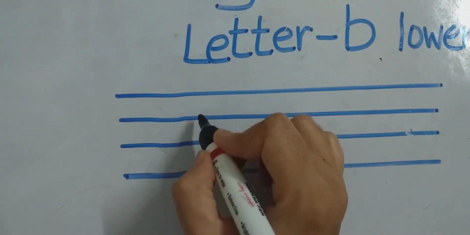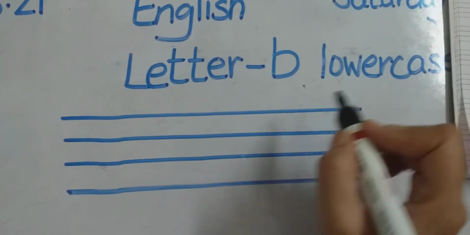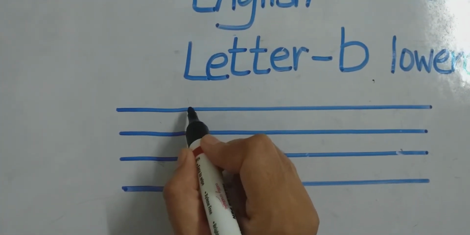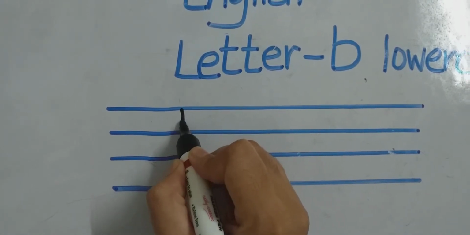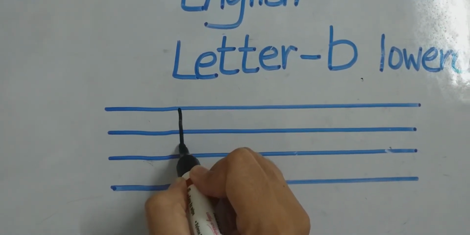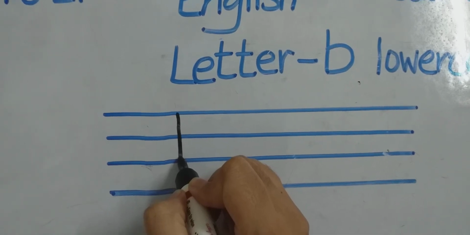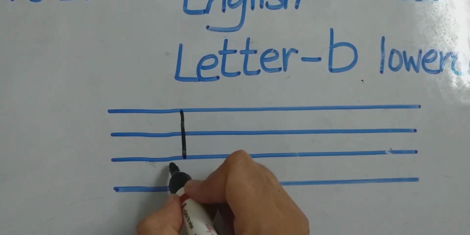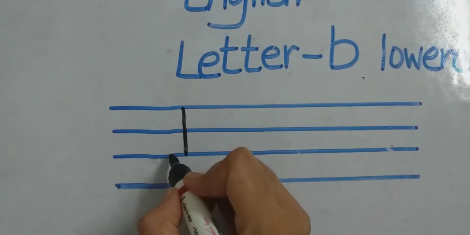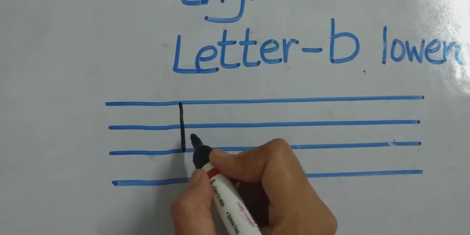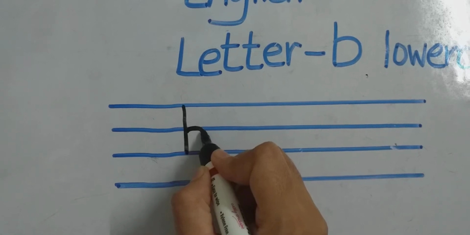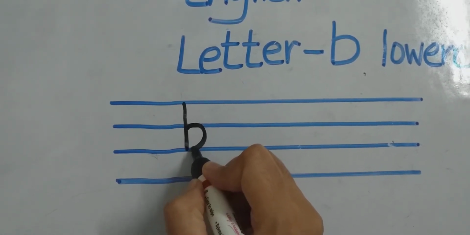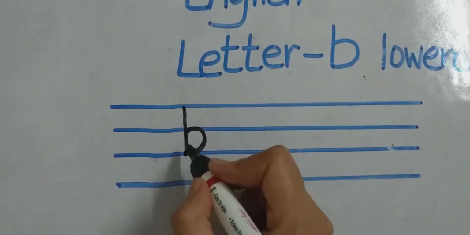And how do we make letter B in lowercase? Start with the red line and make a standing line and stop on the third line. Okay, 1, 2, 3, third line. Then you have to make a curve, like this.